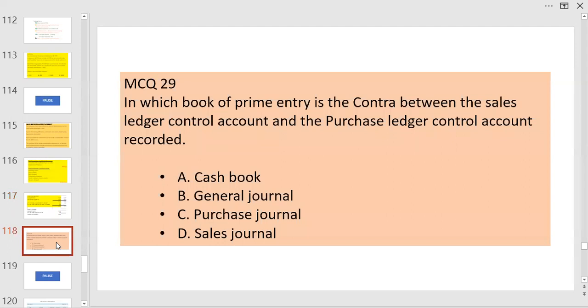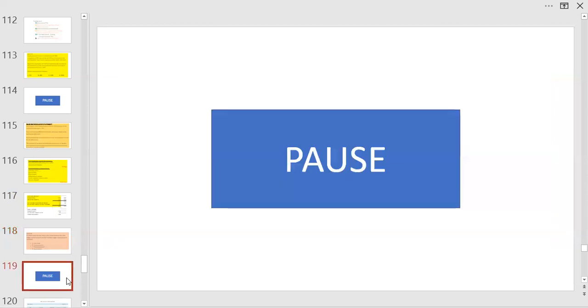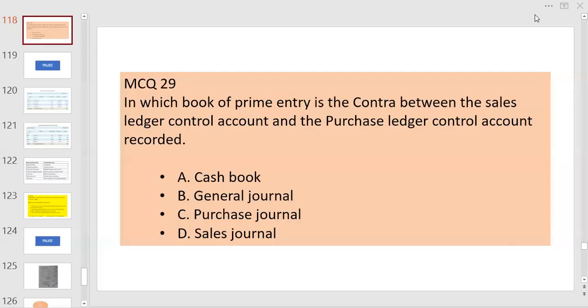In which book of prime entry is the contra between the sales ledger control account and the purchase ledger control account recorded? Four prime entry books are given here. Before we answer this question, we take this opportunity to learn something.